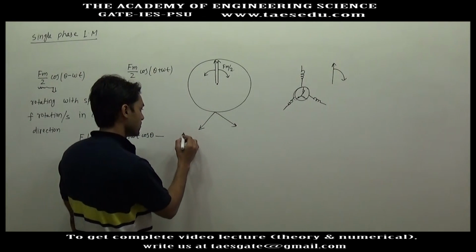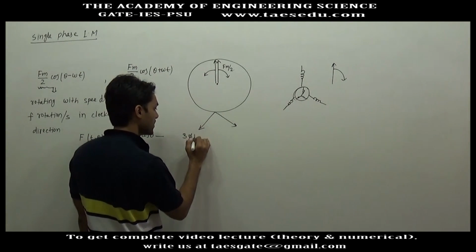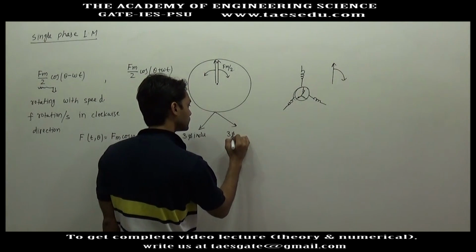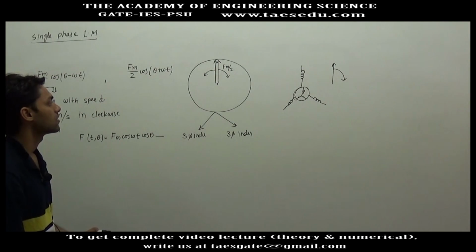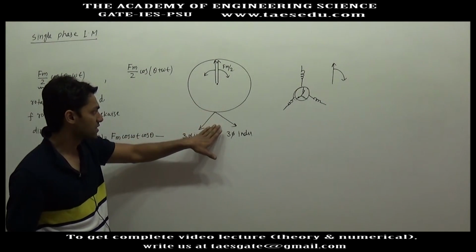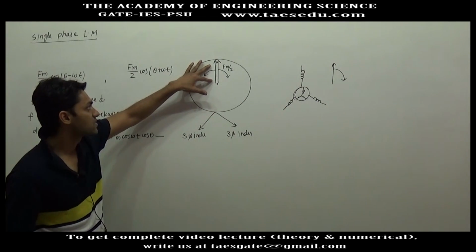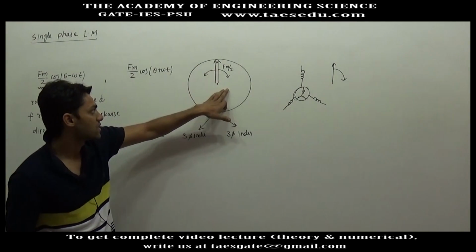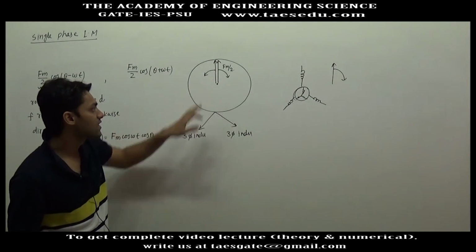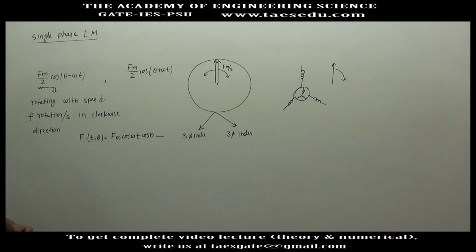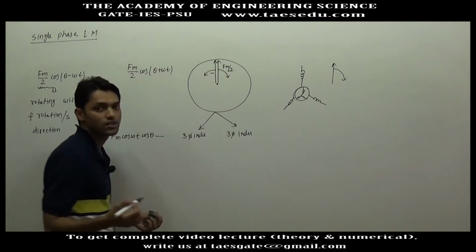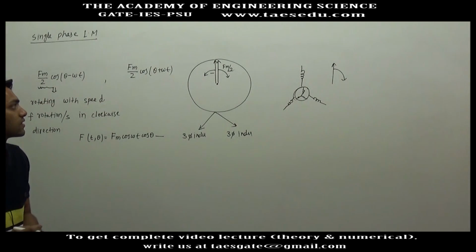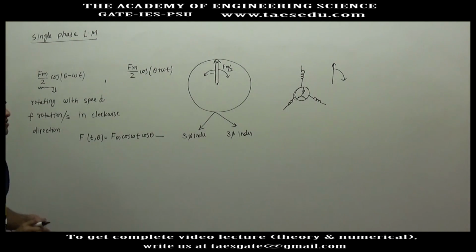So this machine can be viewed as two three-phase induction motors, or as a single three-phase induction motor in which one field is trying to rotate the rotor in clockwise direction and the other is trying to rotate it in anti-clockwise direction. And since both the fields are of same magnitude, the torque due to both the fields will be equal, and initially the single phase induction motor will not start rotating.